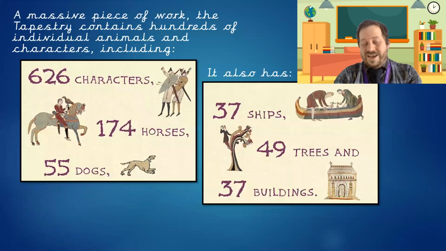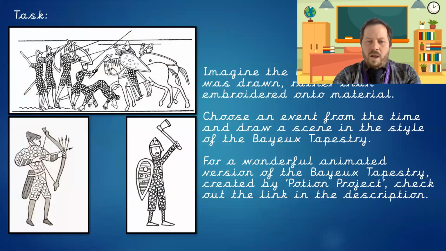It also has 37 ships, 49 trees, and 37 buildings. It included so many things. And I think the thing about the Bayeux Tapestry is that it's quite impressive in the scope that it was in. Nothing really has been made to the same scope as this for a while.